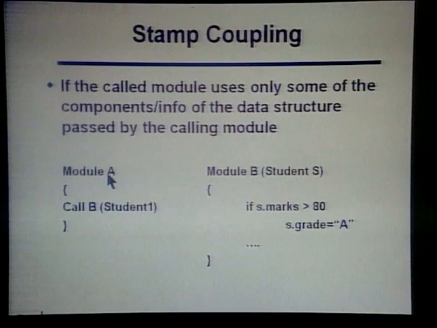We have a module A which makes a call to module B and passes a parameter student1, where student1 is a structure you have already defined with various fields such as student ID, student name, date of birth, etc. When this whole structure is passed to module B, if you look at the code inside module B, you will notice that it uses only part of that structure: only the fields marks and grade.